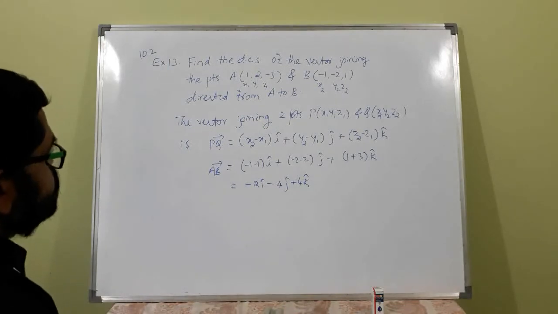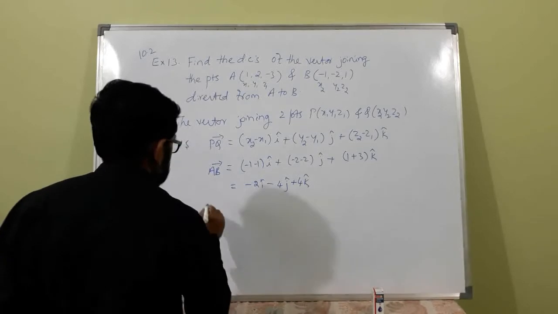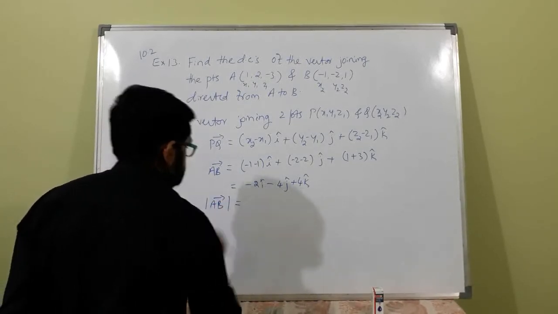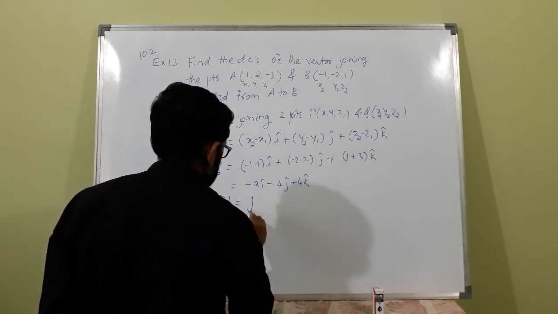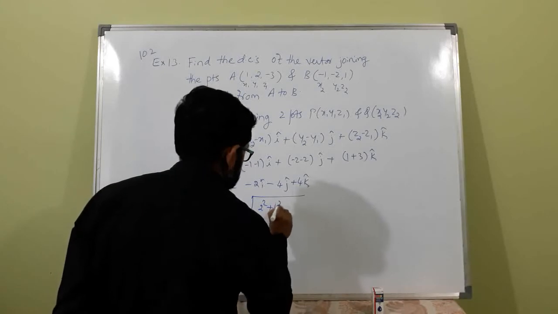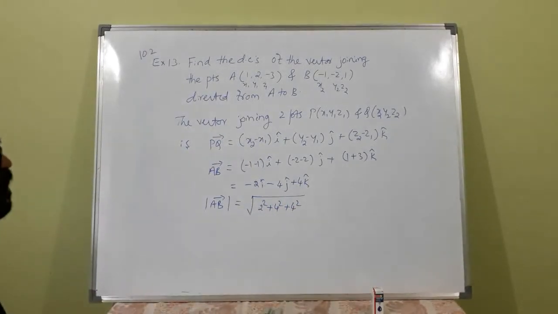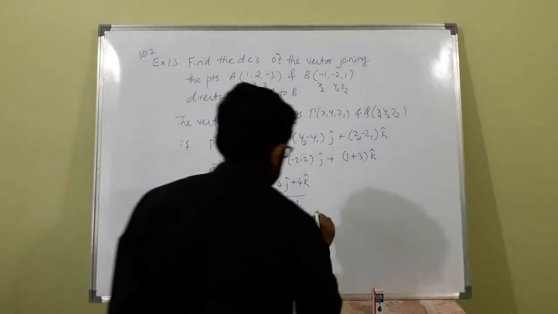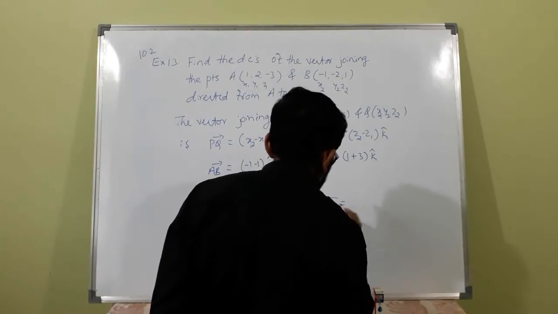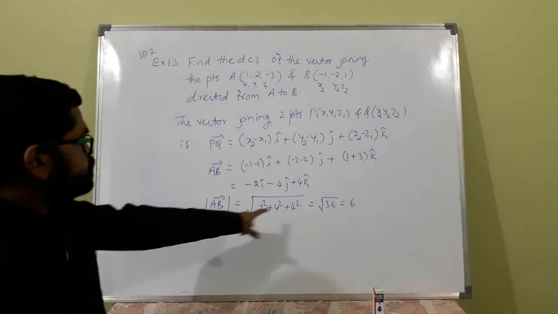Okay, direction cosine is asked. Direction ratios are these. Modulus of AB you have to find. Square root of minus 2 square plus 4 square plus 4 square, that is 4 plus 16 plus 16, 36, that is root 36, that is 6.